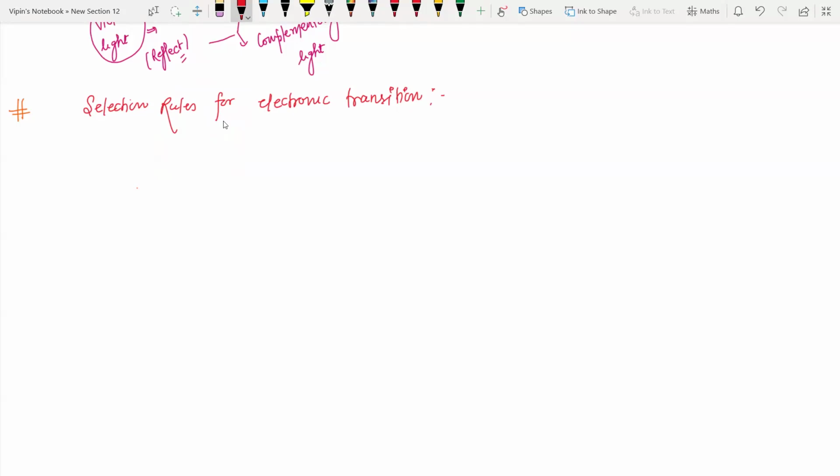There are mainly two selection rules for electronic transition in coordination complexes.